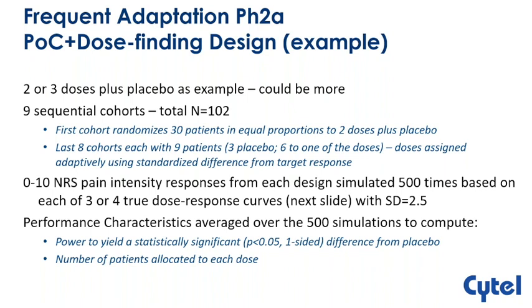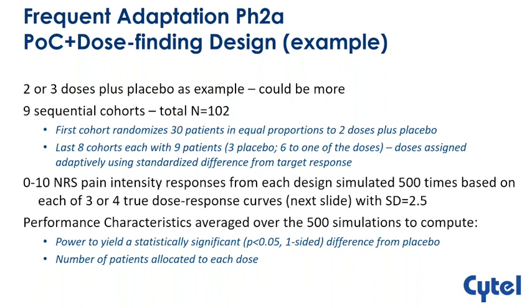The response is a 0 to 10 pain numeric rating scale response. And we simulated the above design 500 times for each of 3 or 4 true underlying dose response curves with an assumed standard deviation of 2.5.